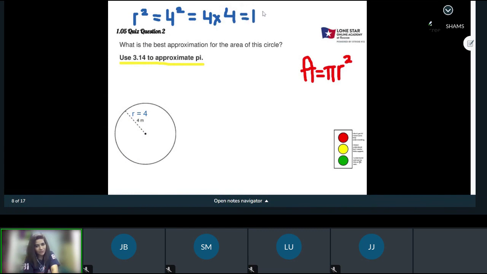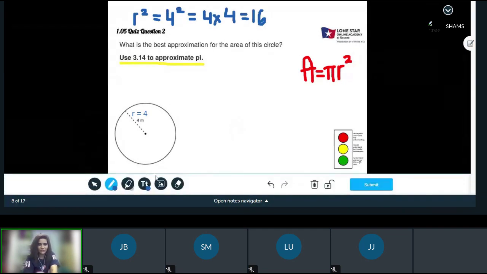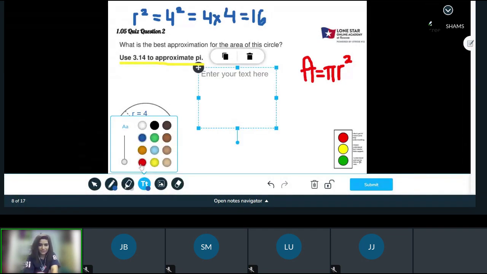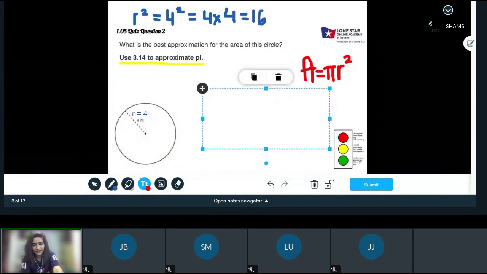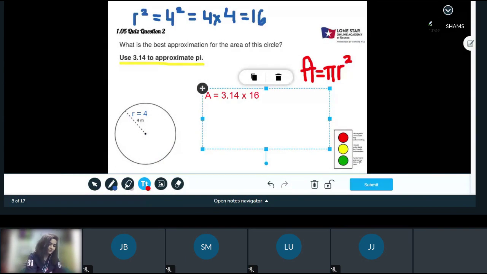To find area of the circle, you will multiply pi times 16, pi times radius squared, and that will get you to the answer. So let's see. We are following the formula, right? A equals pi, that is 3.14, and radius squared is 16. When you multiply, you get the answer.